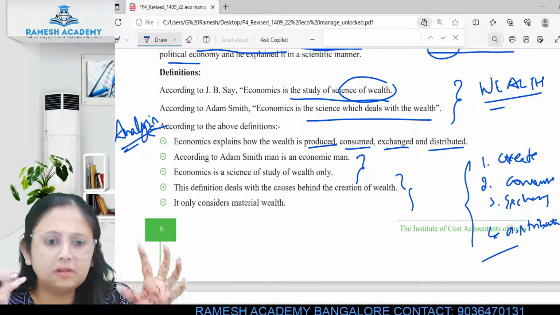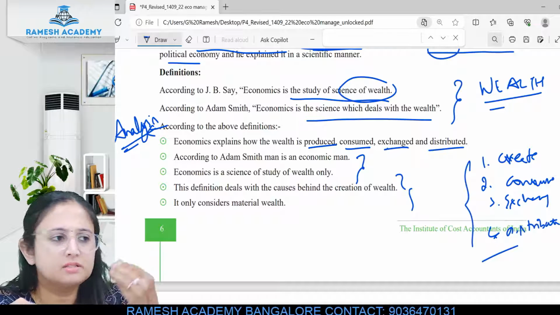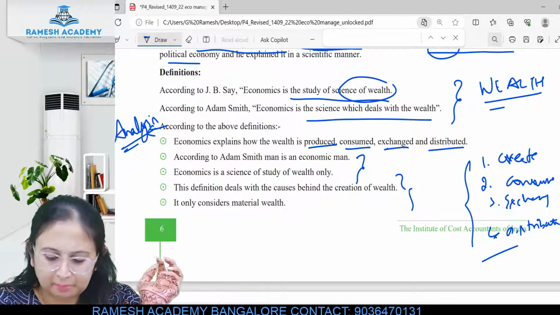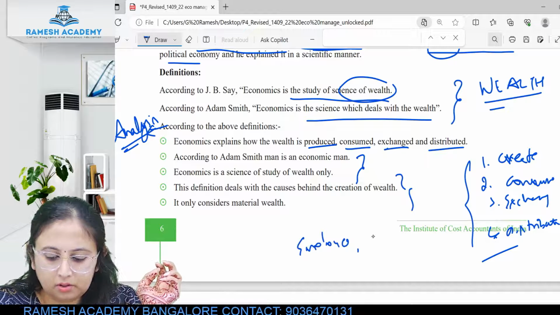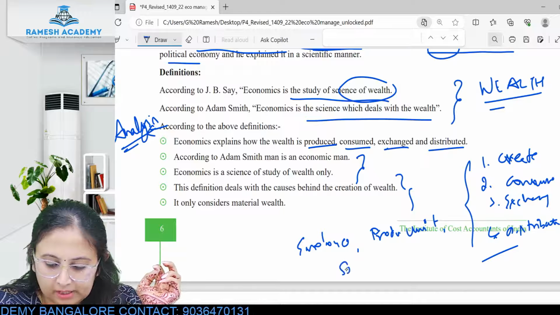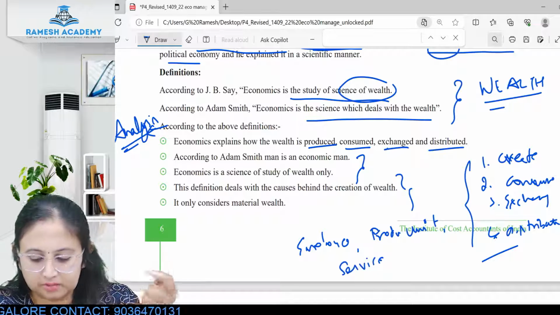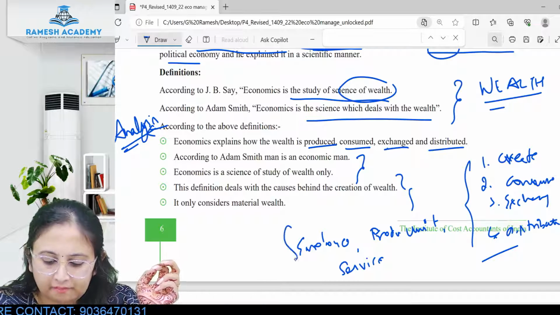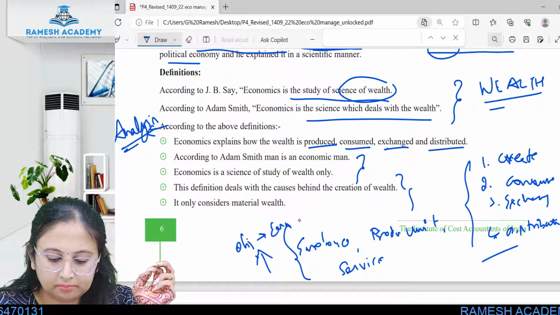So whatever activity you do, whether you are rendering some services, or you are working somewhere as an employee, or maybe you have a production or manufacturing unit, or you are a doctor, lawyer, engineer, whatever, rendering some service, everybody's main objective is to earn money.